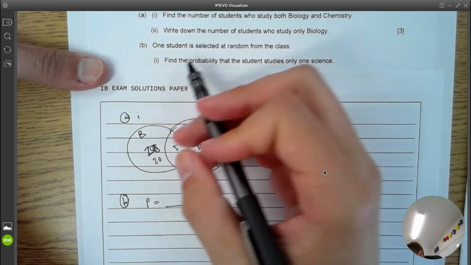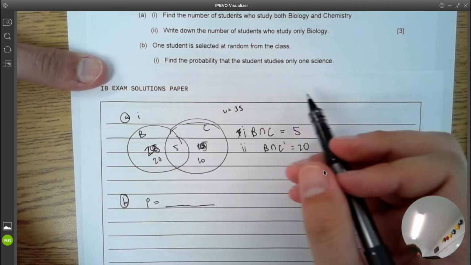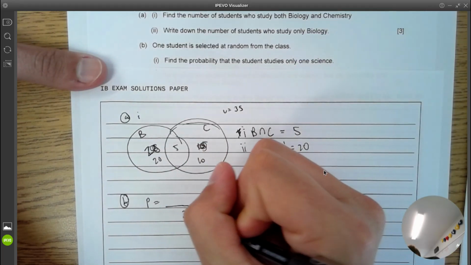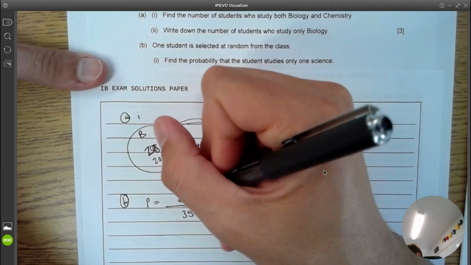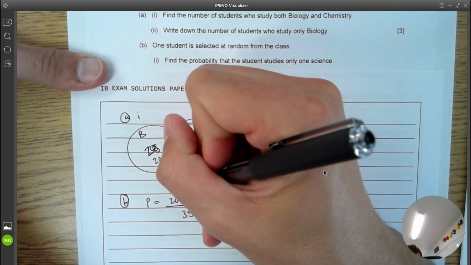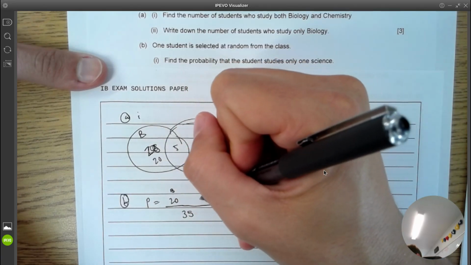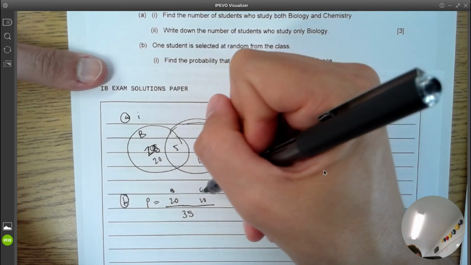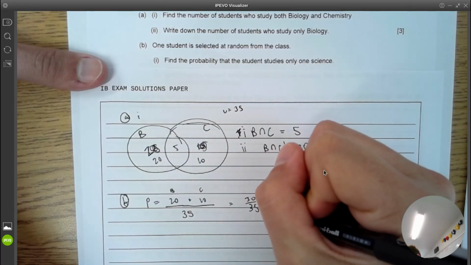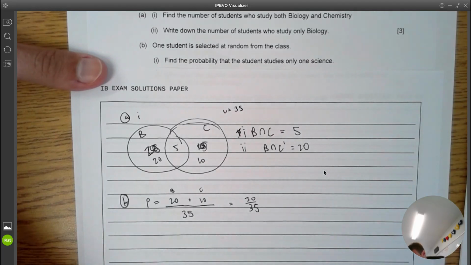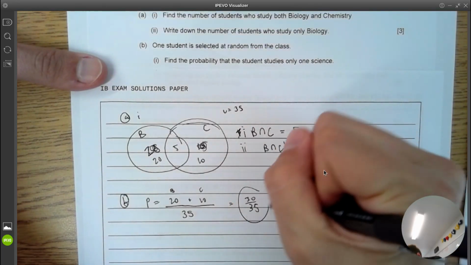So how many total students are there in the class? 35. And the probability that they study only one science would be the 20 kids from biology and the 10 kids from chemistry. And that would be 30 over 35. Since this is no calculator, I'm probably just going to leave my answer like that.